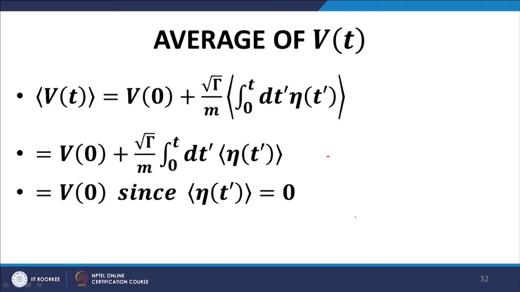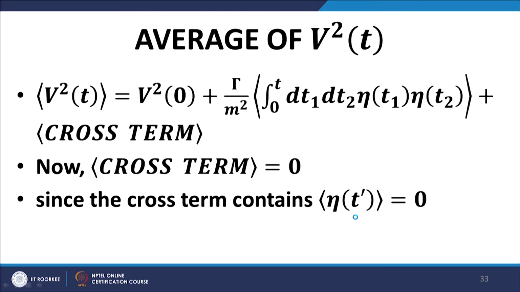This does not seem in any way counterintuitive, but we carry on the analysis to understand more about this model. Let us work out the average of v square t.